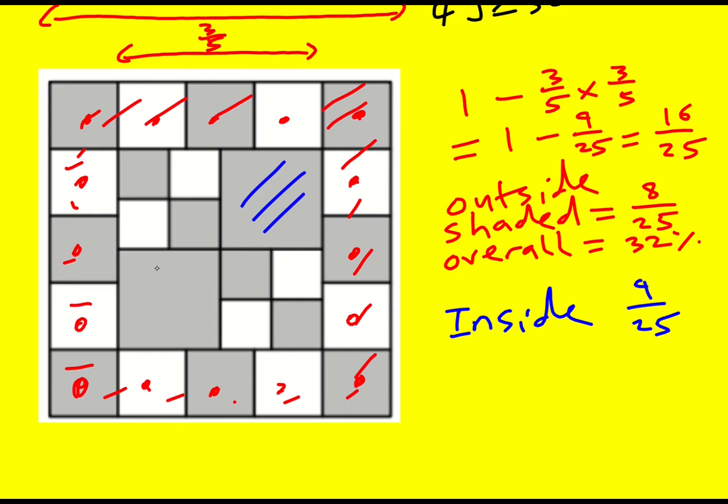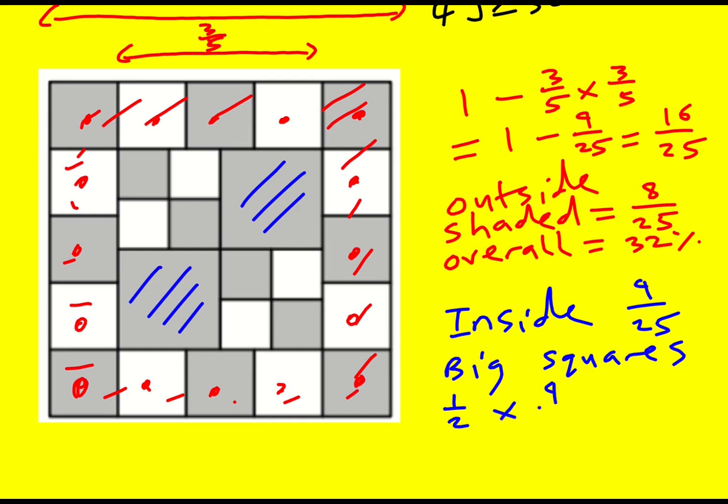So if you look at the big squares, then it's going to be half of the overall area. So half times 9 over 25, which will be 9 over 50, or 18 over 100, or 18%. So I've got another percentage, and now I just got to work out these little ones.